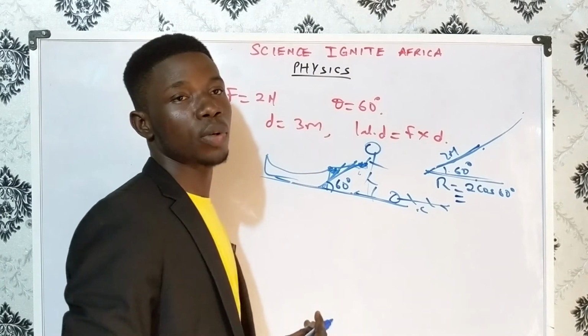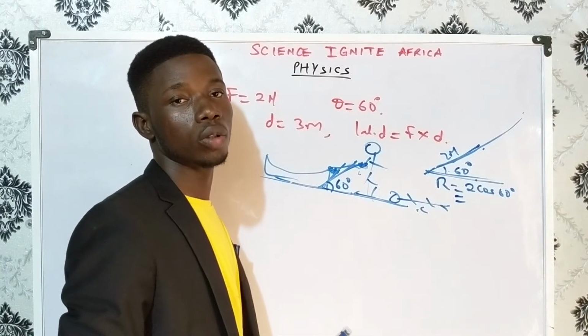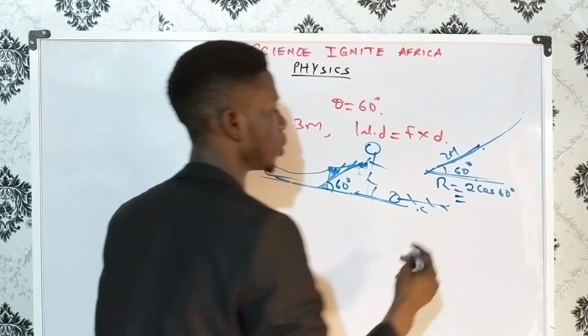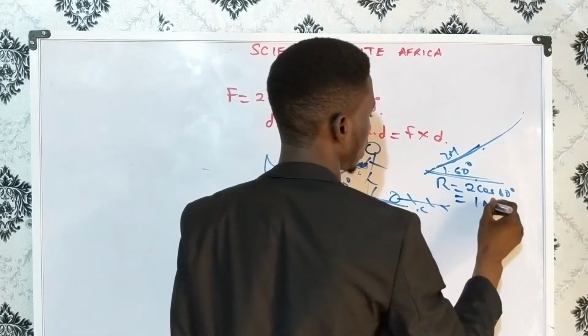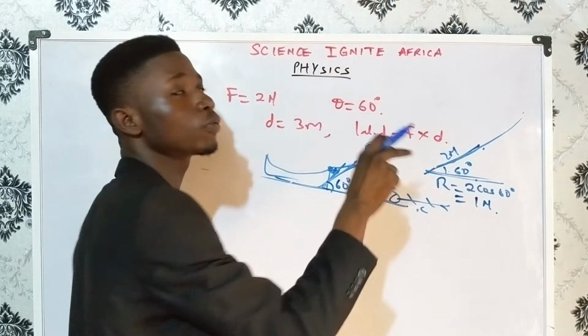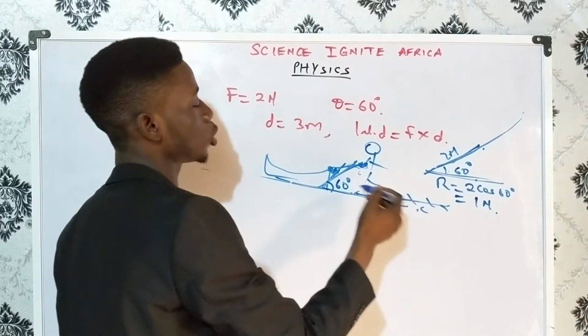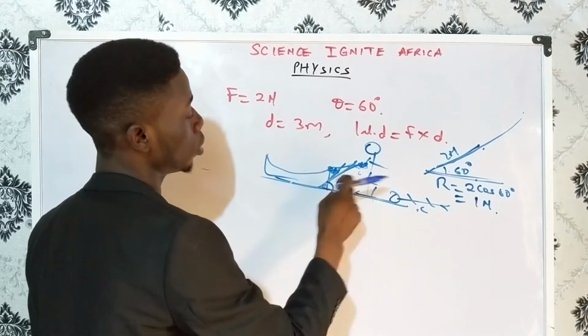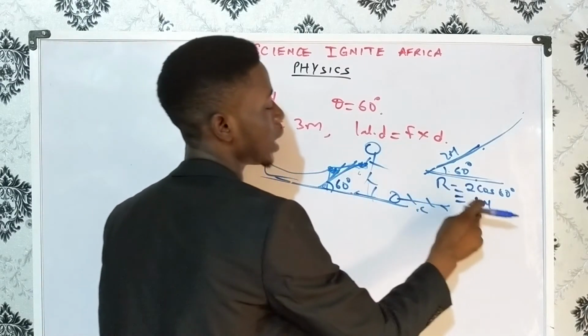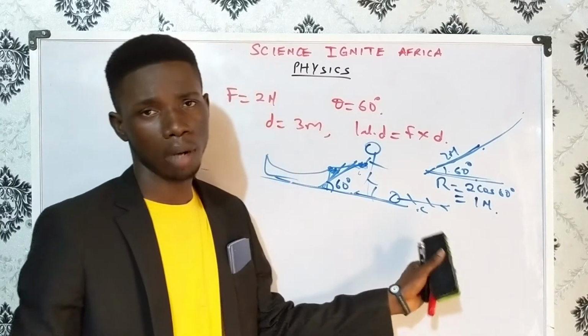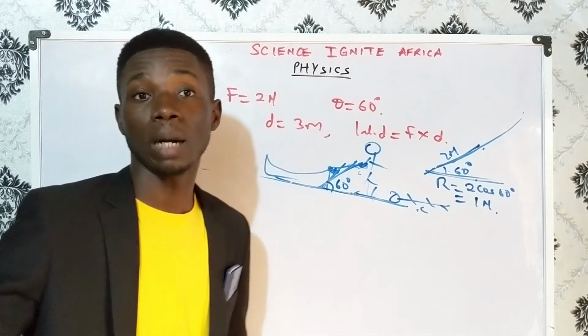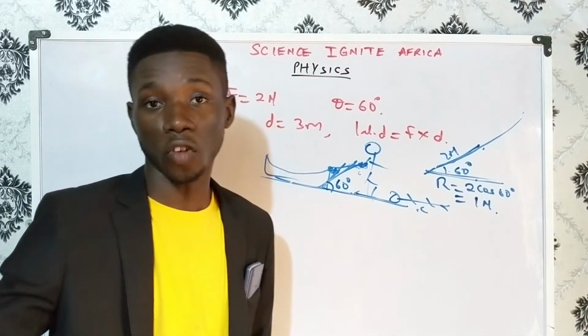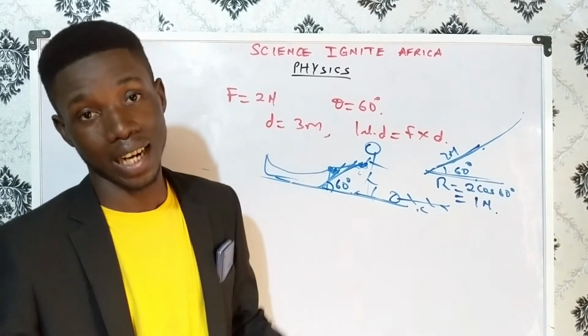If we press our calculator very well, we will realize that cos 60 is 0.5. So this will be 1 Newton. So instead of a force of 2 Newton pulling this bag of rice, the force responsible for pulling it is 1 Newton. Even though the boy is applying a 2 Newton force, the effective force on the rice is 1 Newton.